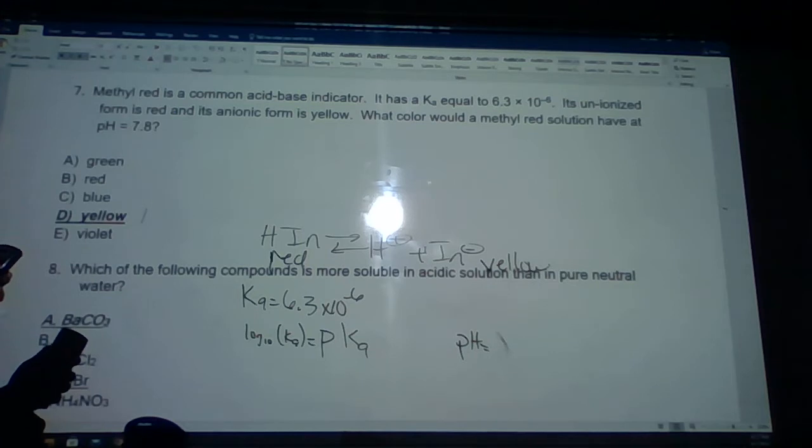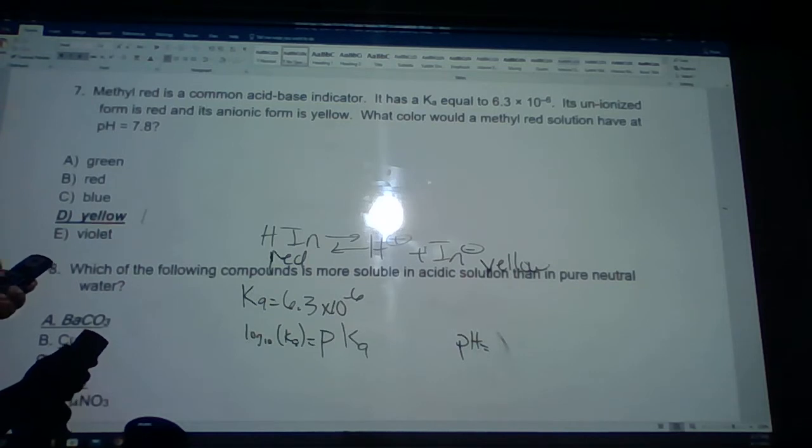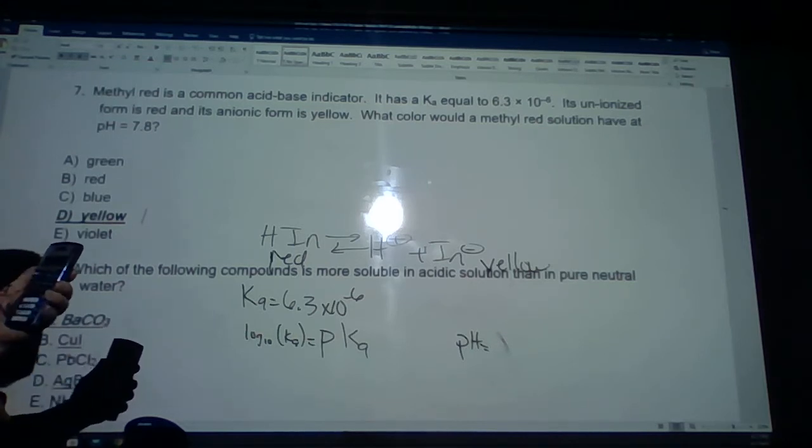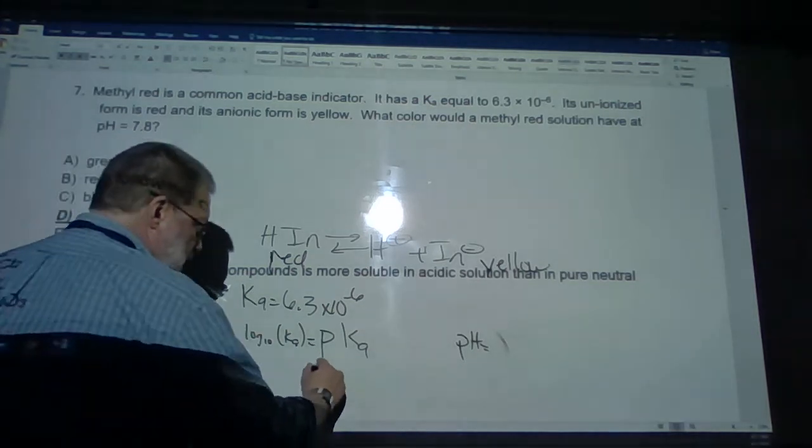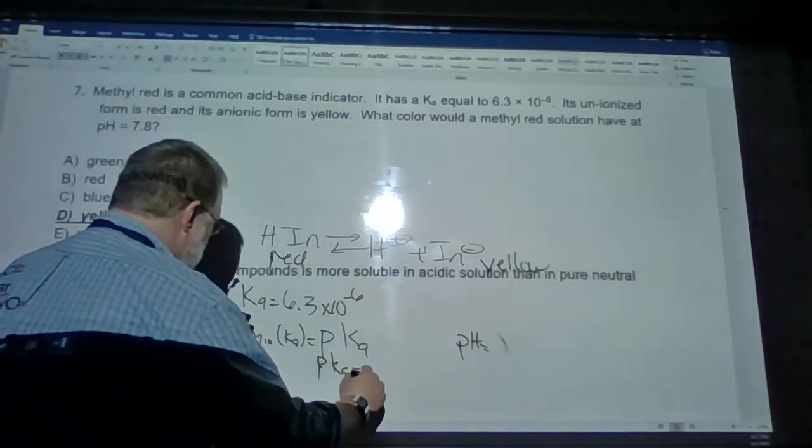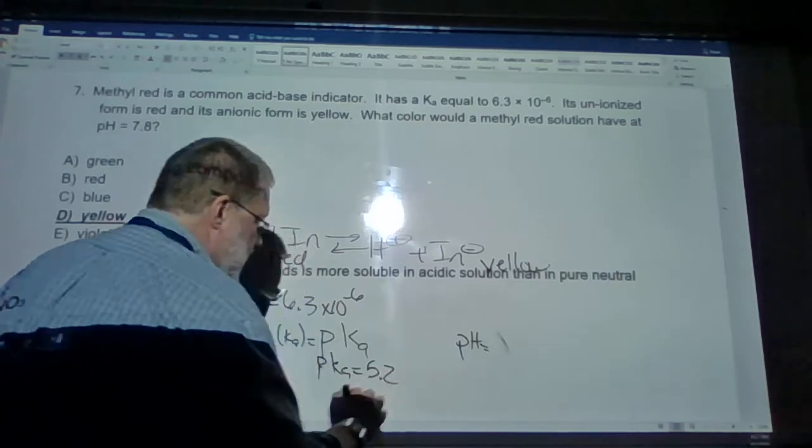So log 6.3, and the pKa is roughly about 5.2.